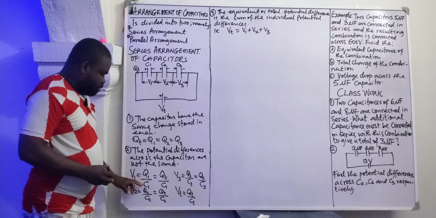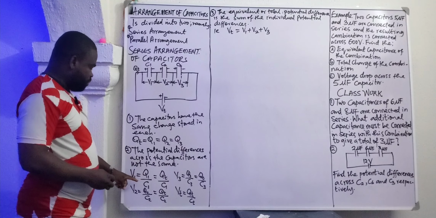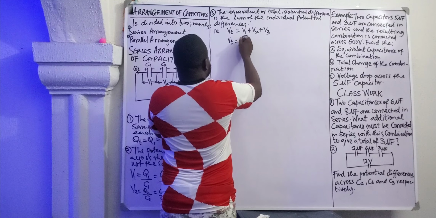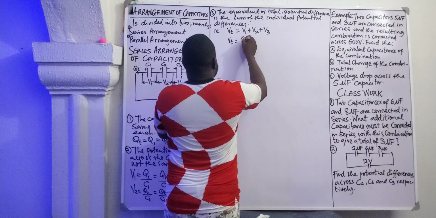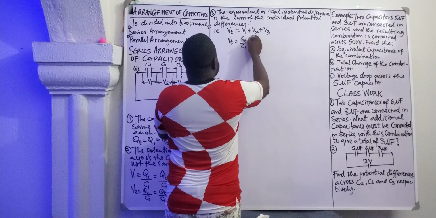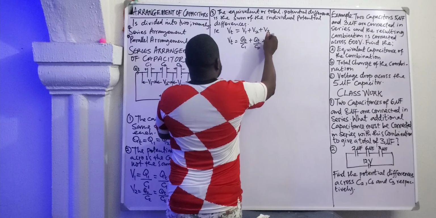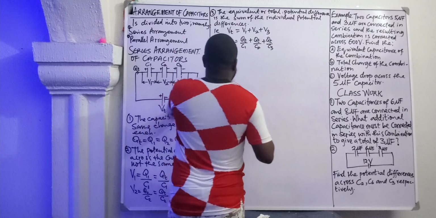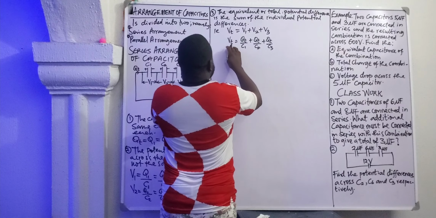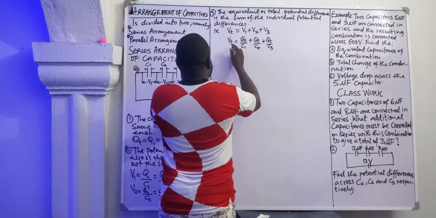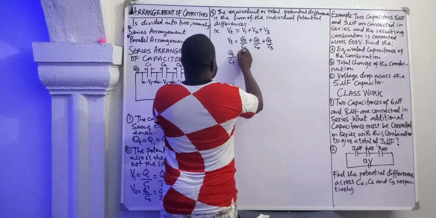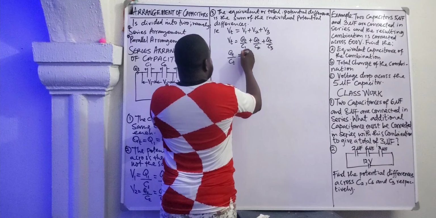Now, I will substitute the individual voltages inside the formula. So this will give me Vt. In place of V1, I will put Qt over C1. In place of V2, I put Qt over C2. In place of V3, I put Qt over C3. So I've used the individual formula to replace these. Then, in place of Vt, I can put Qt over Ct as well. So I can factorize the Qt out.